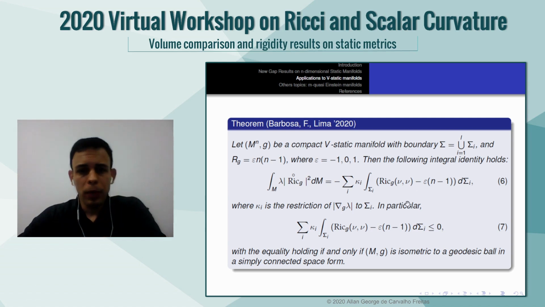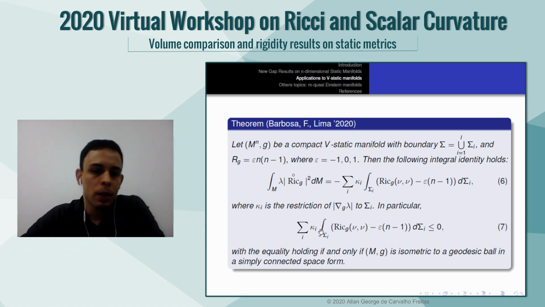And in particular, we have this integral inequality for the boundary, with equality holding if and only if the V-static manifold is exactly a geodesic ball in a simply connected space form, okay? We observe that this integral inequality is a Kazdan-type inequality for the V-static case, and in the static case, we extend the inequality for the case where the curvature is negative, okay?